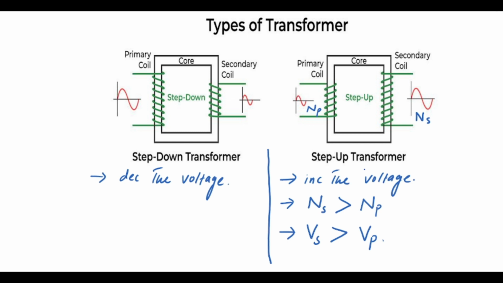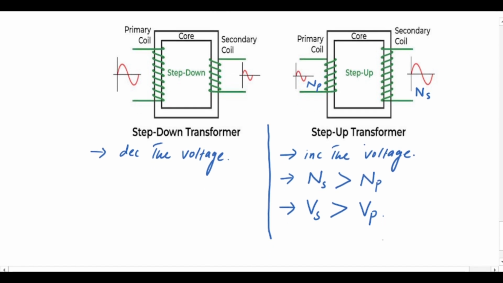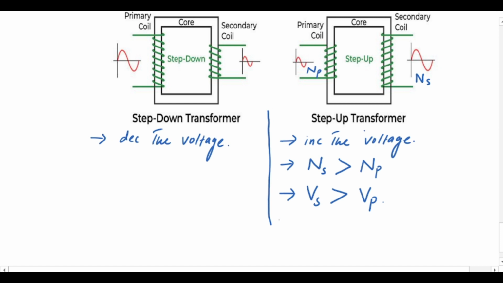Whereas current has an inverse relation. So the current in the primary is greater than the current in the secondary. By increasing the number of turns, the induced EMF also increases but the current decreases.